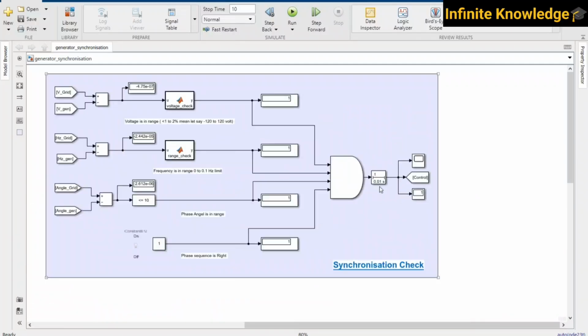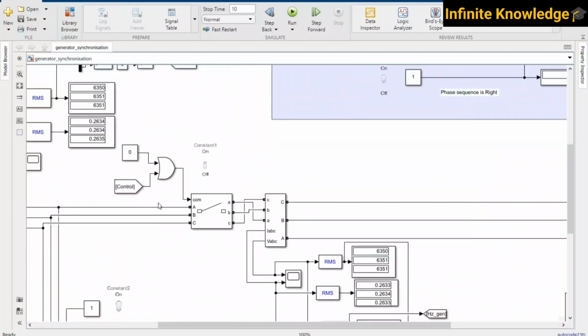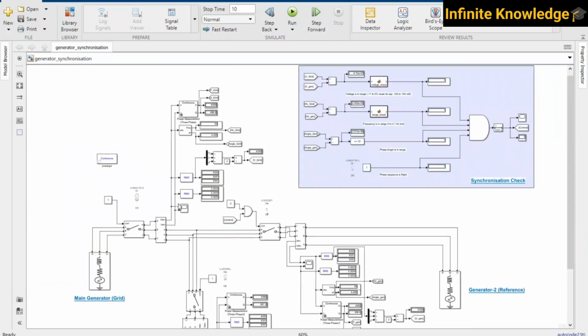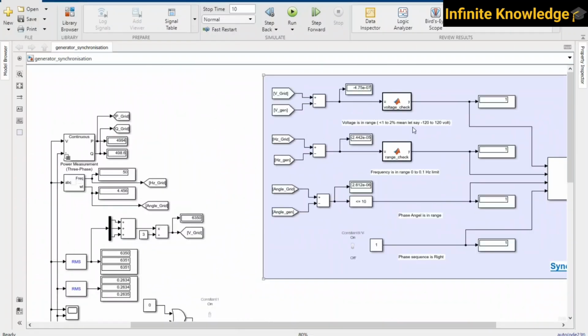And this is the final control. All four parameters will be checked, and the final control generates the output which turns on and turns off this final breaker, whether it will synchronize or not. So first is the voltage magnitude.